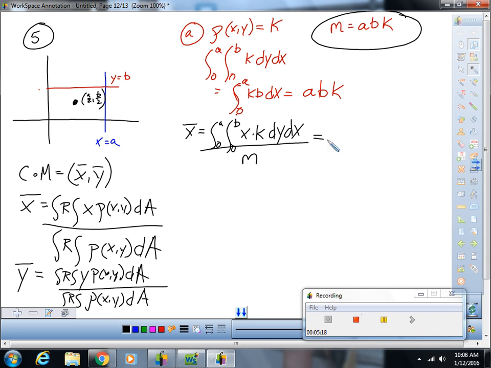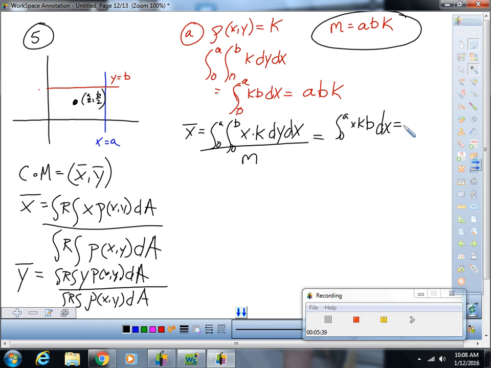You follow? I'm going to forget about the m for a little bit. So it's the integral from 0 to a of xky as y goes from 0 to b. So xkb dx.